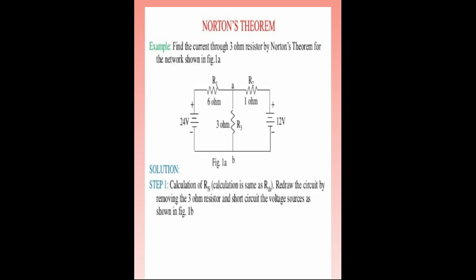So first of all we will remove the 3 ohm resistance from the network and we find R internal. To find the value of R internal, we replace both voltage sources by their internal resistance, which means these voltage sources are short circuited as shown in the next figure.